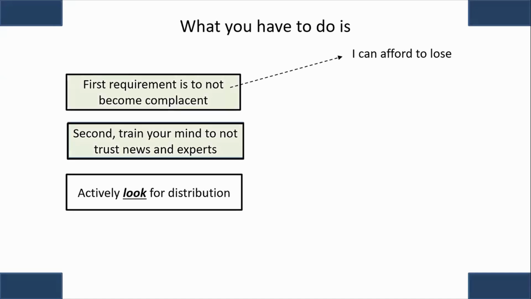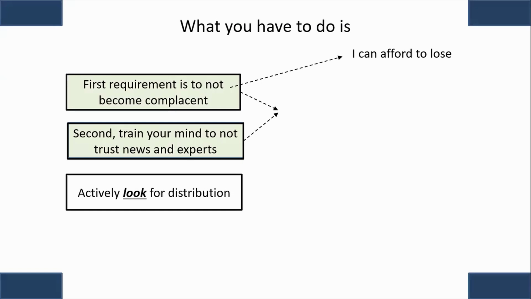Because the first two, if we have this state of mind that we are complacent, then our mind is not worried. And if we are not worried, then we are not going to spend effort in looking for distribution.